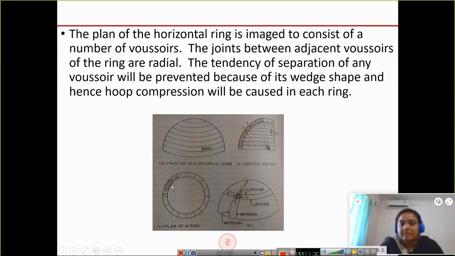The horizontal ring is imagined to consist of Vaussiers. The joints are radial in direction. So because of that, it creates a kind of hoop compression in each ring. So this is the second type of stress which is coming in the dome. We have meridional thrust as well as the hoop stress coming in a dome.